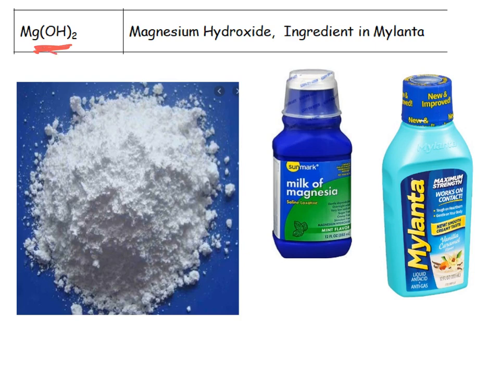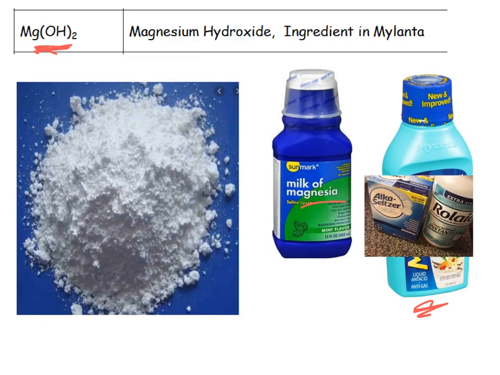Magnesium hydroxide comes in a solution known as milk of magnesia or Mylanta, and these are what we call antacids, and they actually neutralize acid. So if you have that acid reflux coming up your esophagus, or you get a stomach ache, you can take this stuff, and it sort of neutralizes the stomach acid.